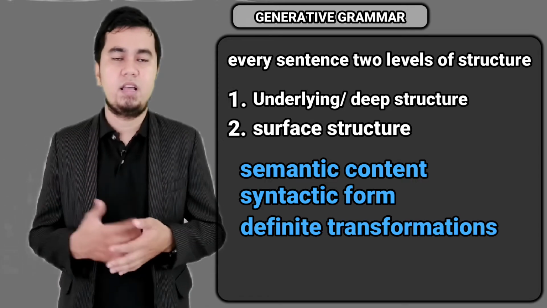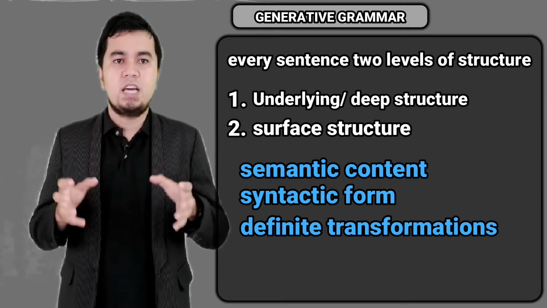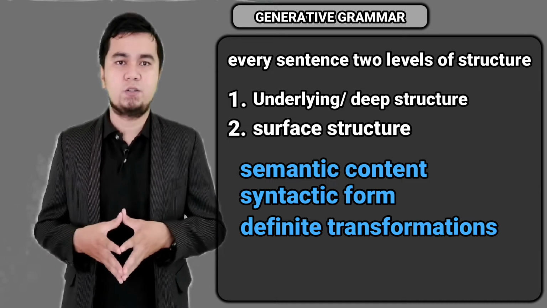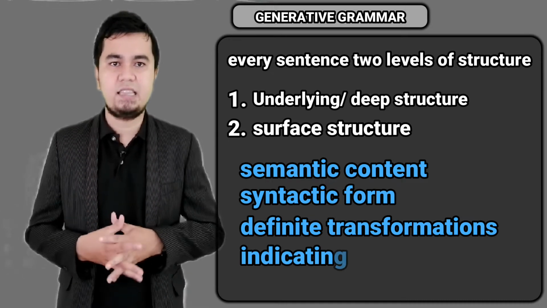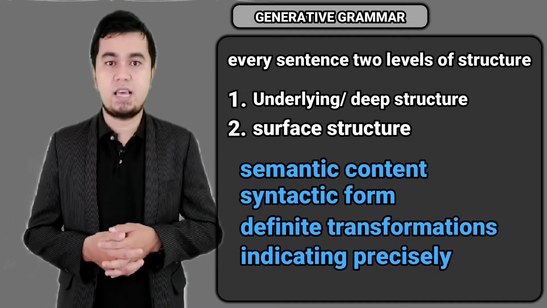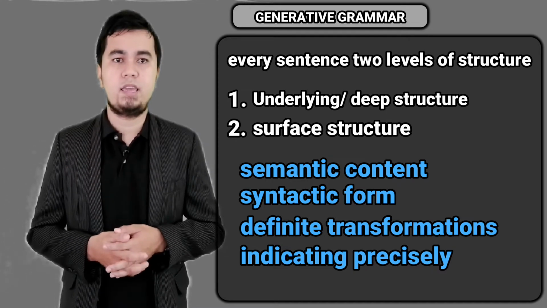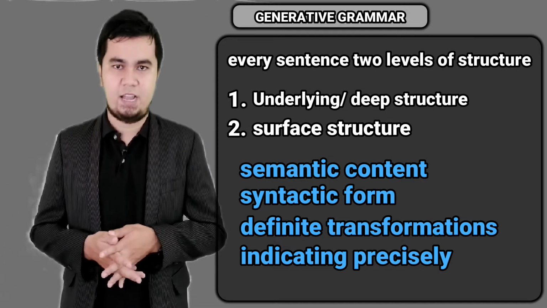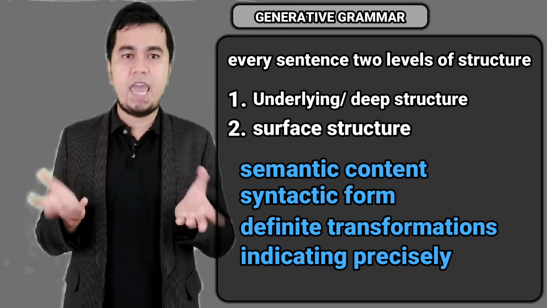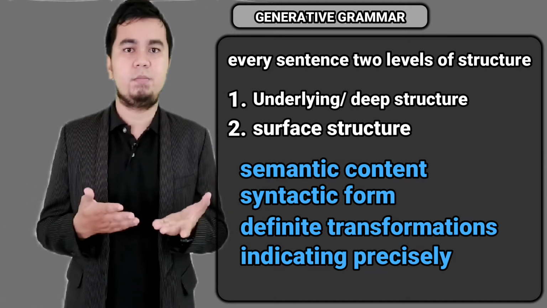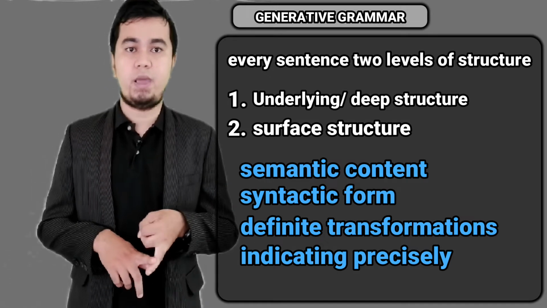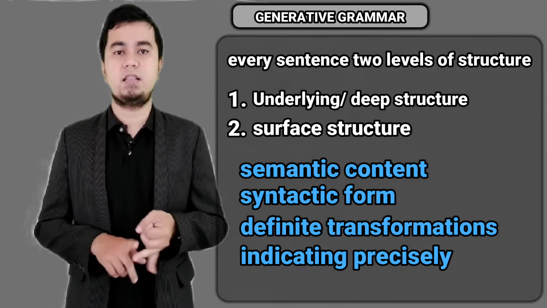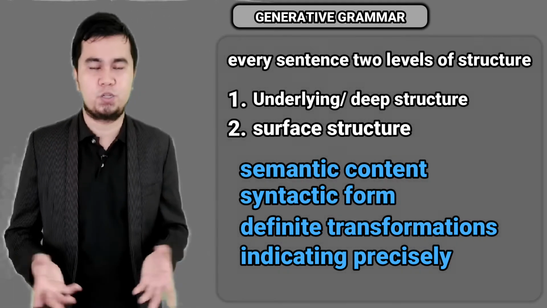So later we will discuss more on this. Generativists aim to account for the notion of indicating precisely, through a set of rules, what can be and cannot be said in a language. So the aim of generative grammar is to propose rules, include transformations, and relate deep and surface structure.